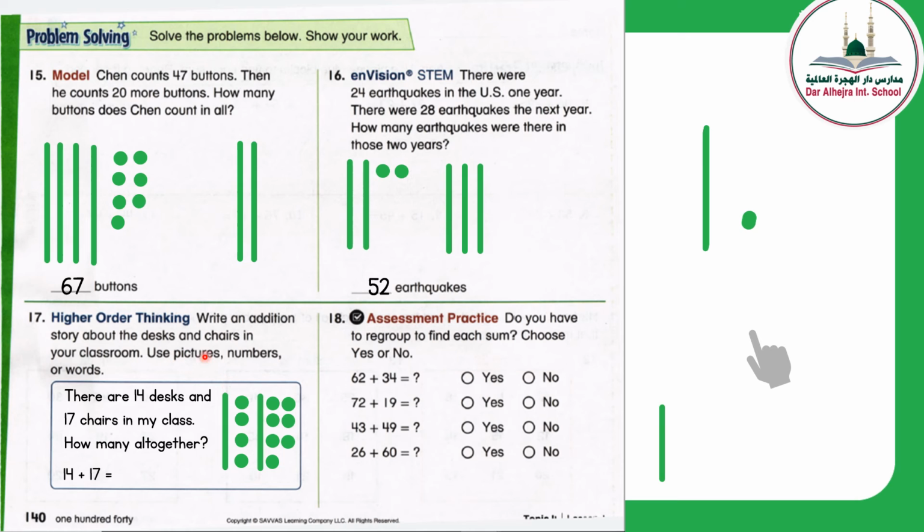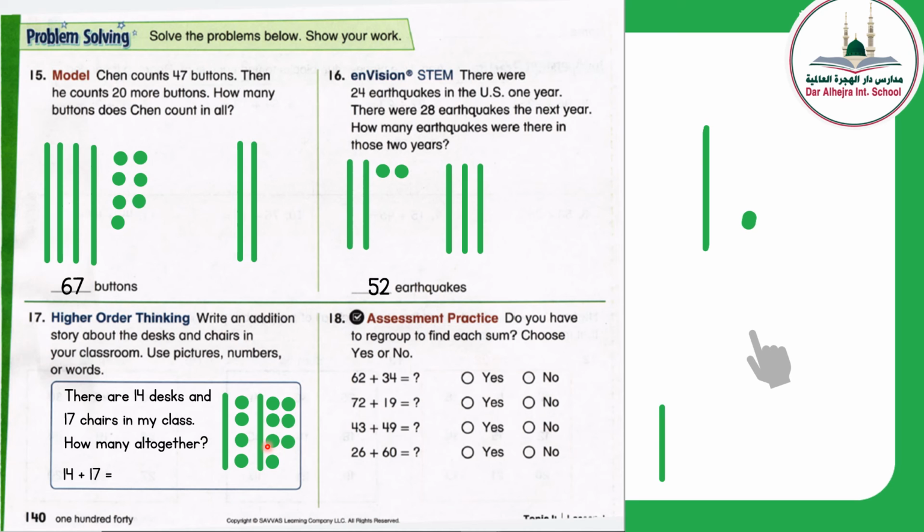Now in the picture form, like model form, I can show with the lines and the dots. 14, here you can see 10 and 4, and 17, 10 and 7 dots, and I can show with the help of numbers 14 plus 17. Now I'll count the ones here, 1 2 3 4 5 6 7 8 9 10 11. That means the ones are making more than 10. And what does that mean?